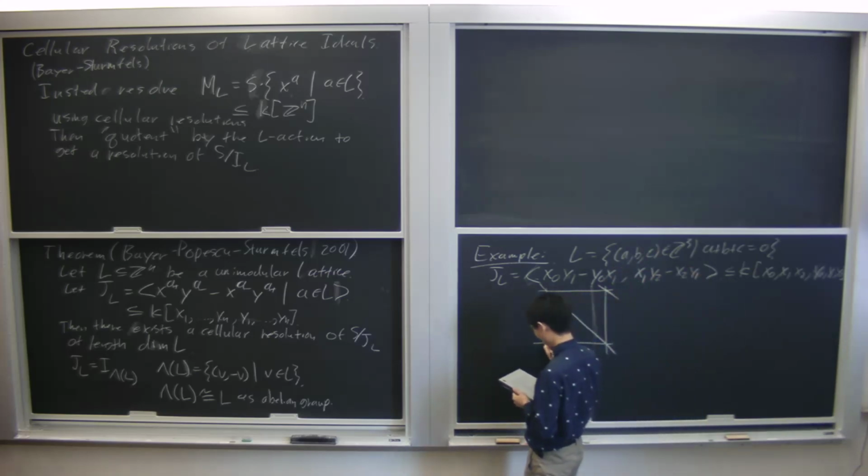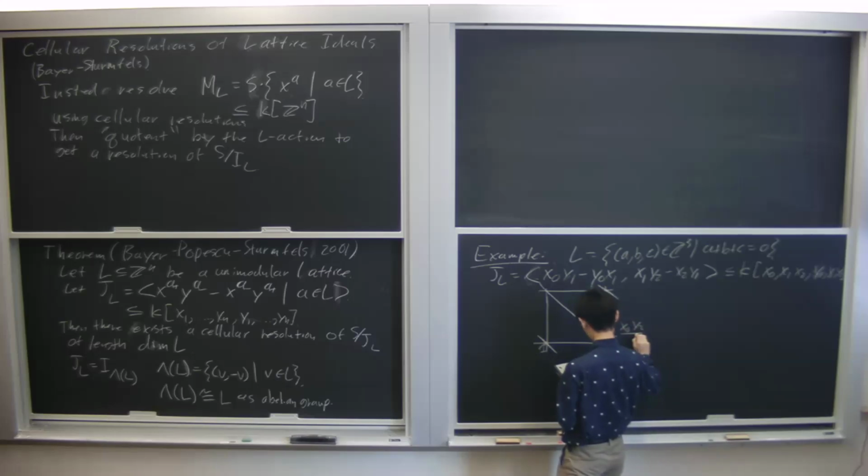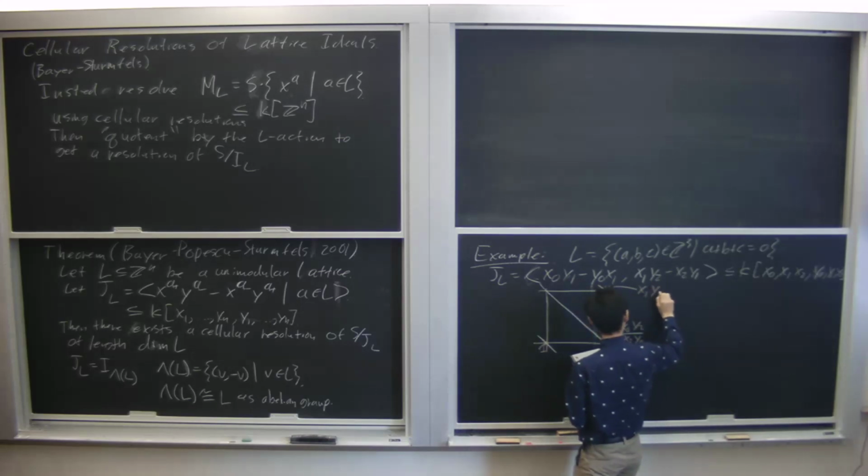What I'm going to do is label this point by 1. I'm going to label this point by x0, y2 over x2, y0. This point will get a label of x1, y2 squared over x2 squared... Why is that a squared?